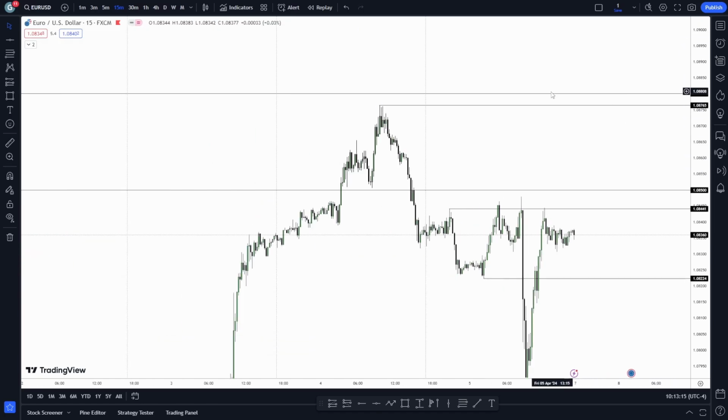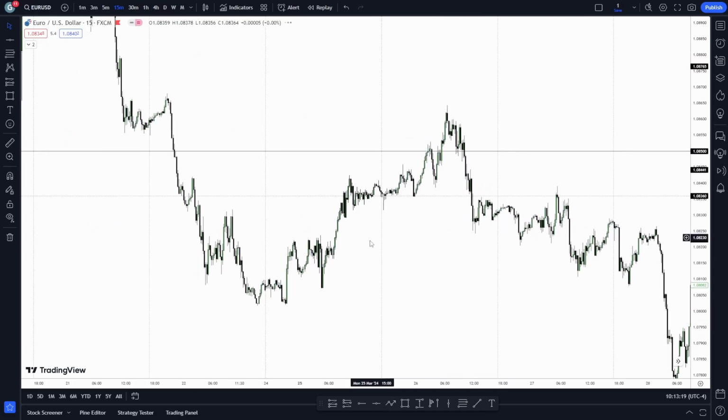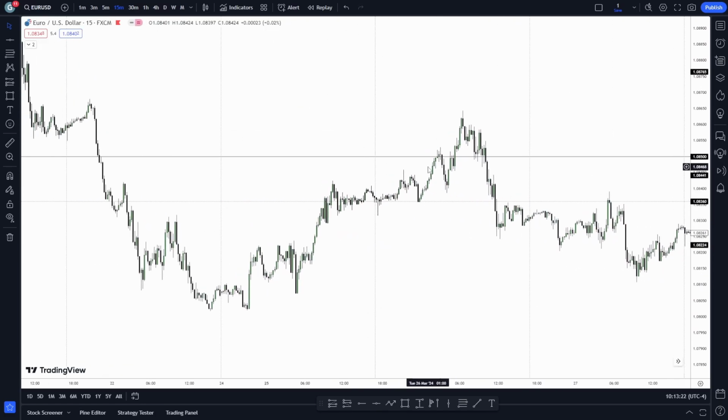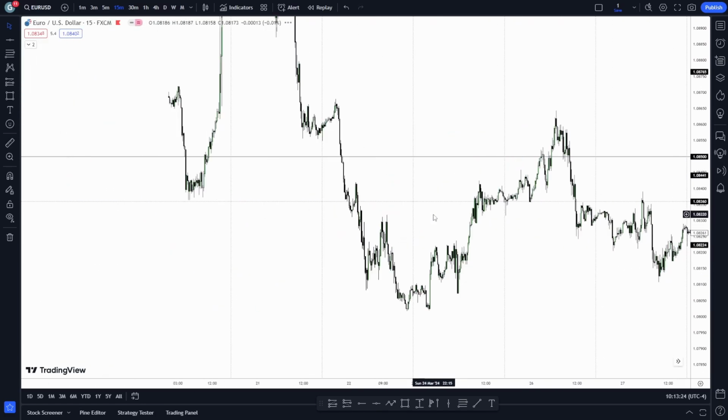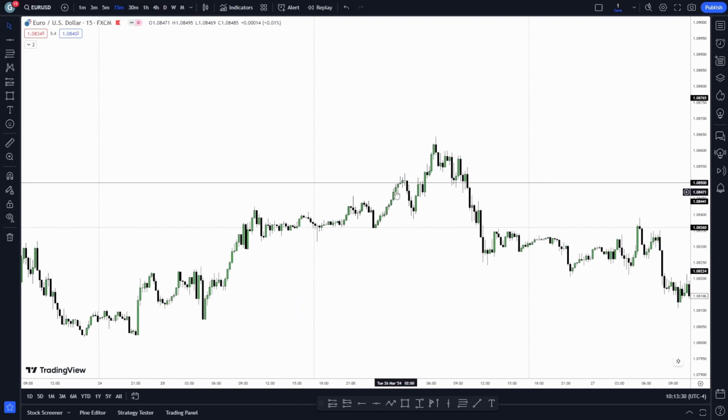So now we should look for these round psychological levels, and over here also, look at over here. This was the round psychological level over here. So this is a good support, this is a good resistance, this is a good resistance zone. When price went up, tapped into this round psychological level, it gave a good reaction from that level, okay.